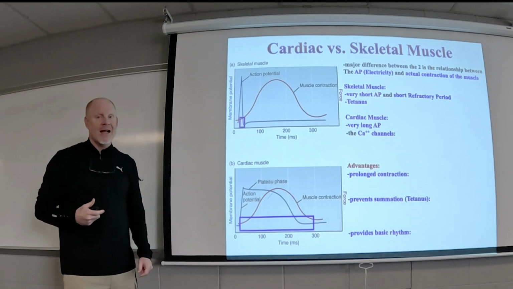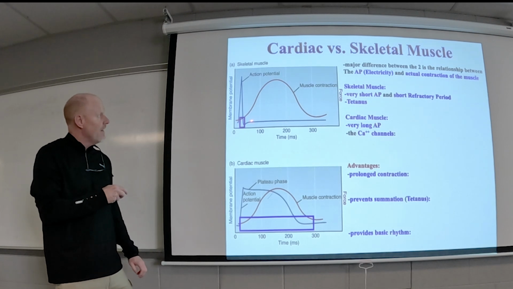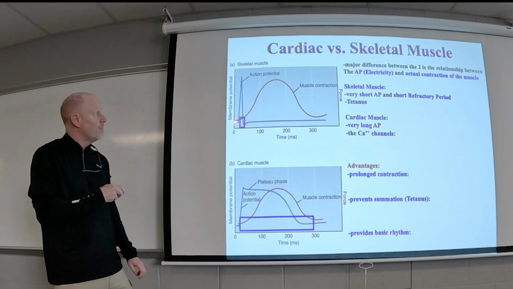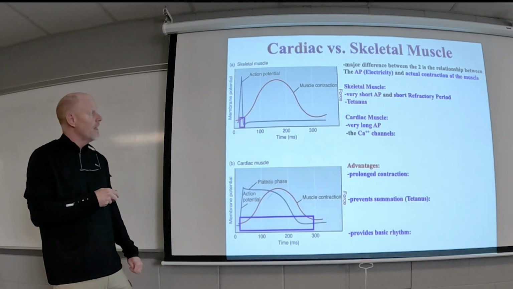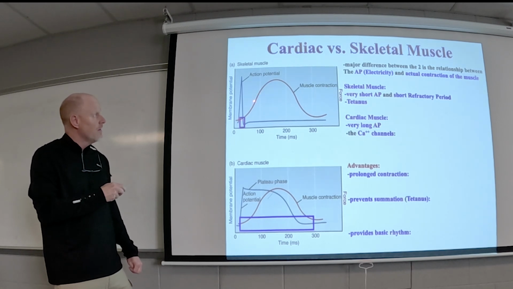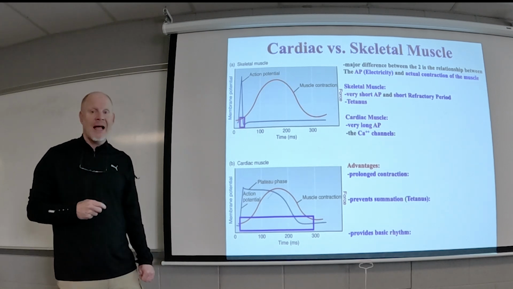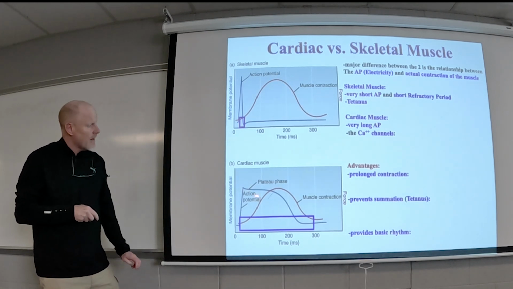It takes that much time to see contraction. And then the contraction is going to be curved like this, a nice little hump, right? An increase in force, a peak of force, and then a drop of force as the muscle relaxes. Look at cardiac muscle.